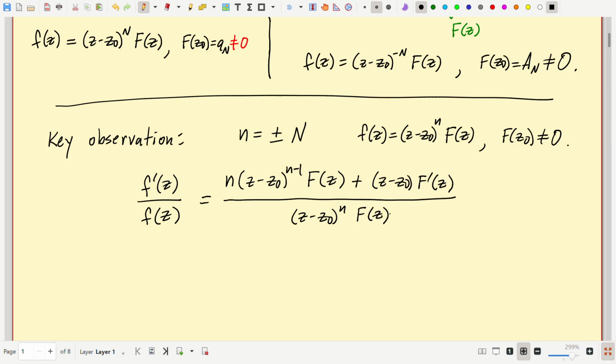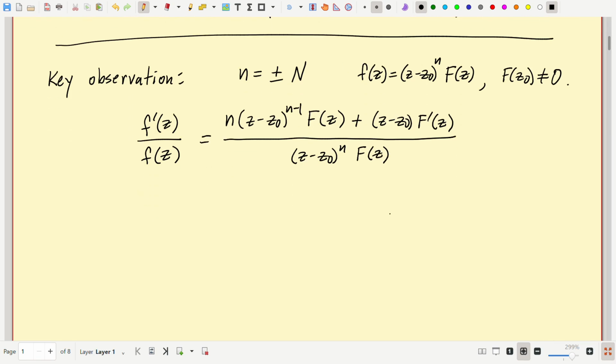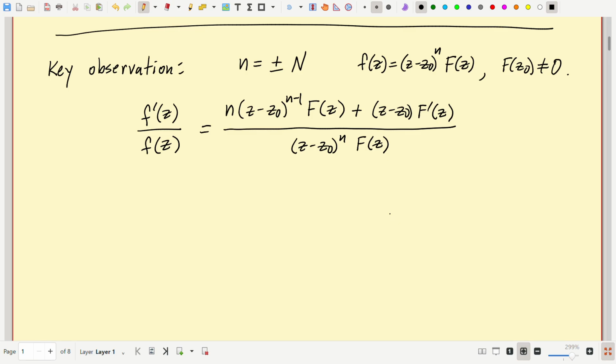And something wonderful happens here. A lot of stuff cancels out, and I'm left with this thing, n over z minus z0, plus F prime over F, but F is not vanishing near z0.